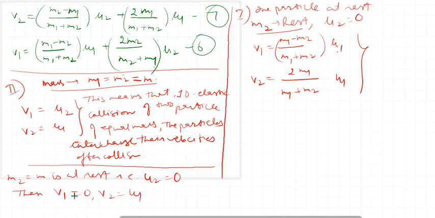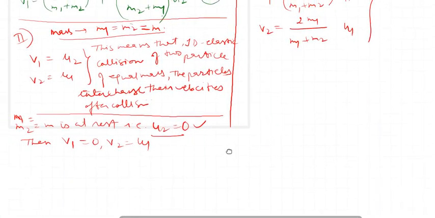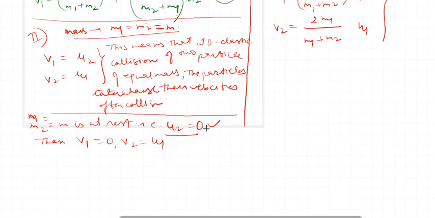That means m1 is equal to m2, which is equal to m, both the masses remain the same, and one particle is at rest while another is moving with velocity U1. Then the particles interchange their velocities, and due to this, if the second particle is at rest, then after collision the first particle comes to rest, and the second particle starts moving with the velocity of the first particle.